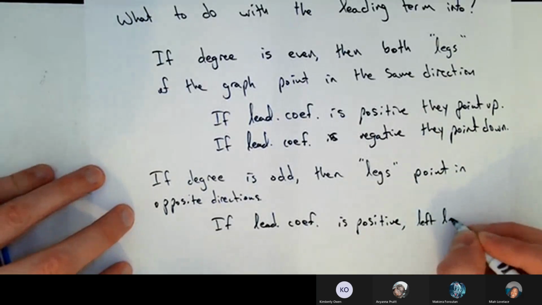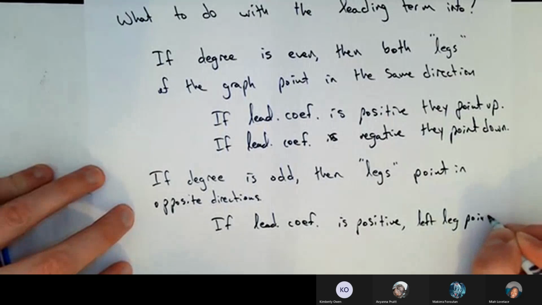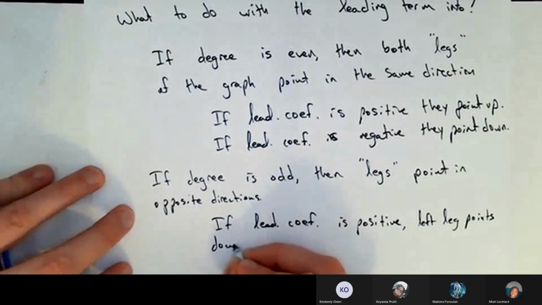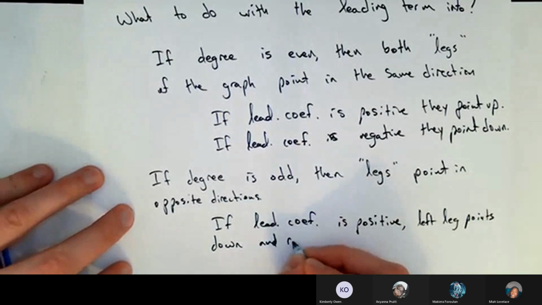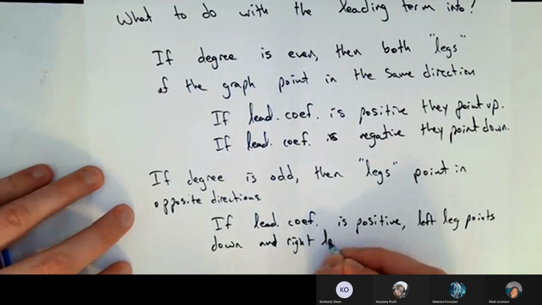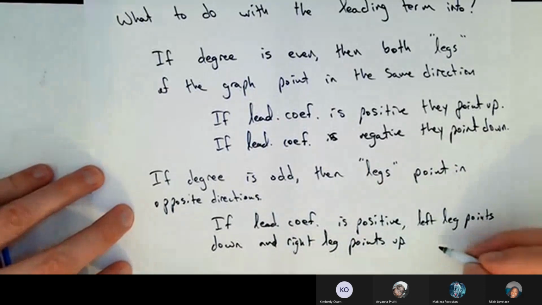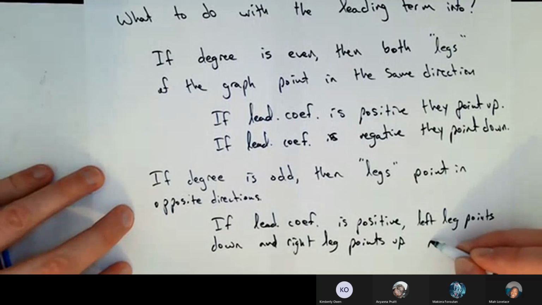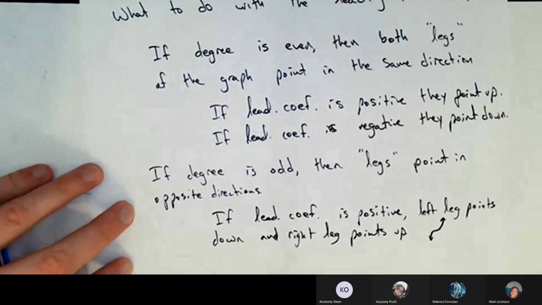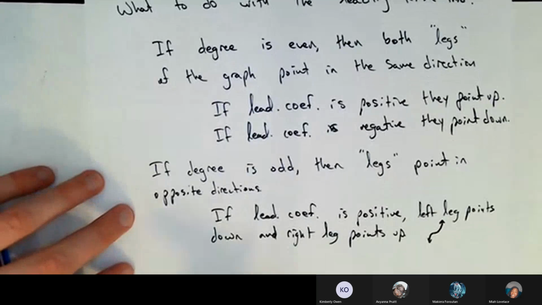The left leg points down and the right leg points up. So that means like this kind of shape, right? We've seen that kind of cubic. We've seen cubic graphs that do that, right? The left side is pointing down, the right side is pointing up.